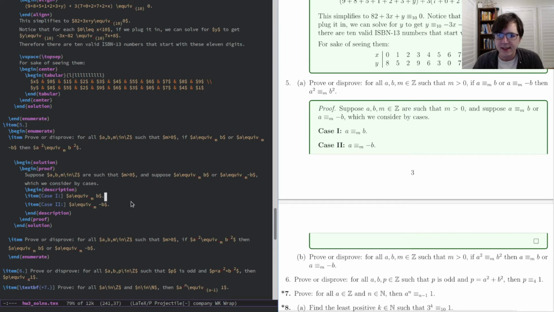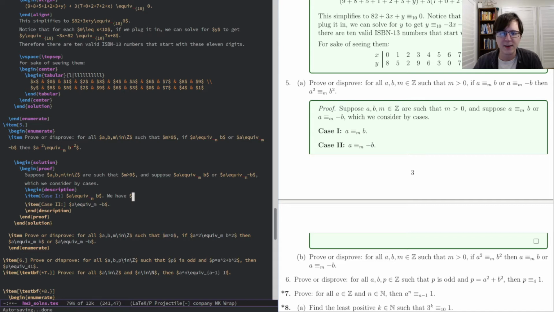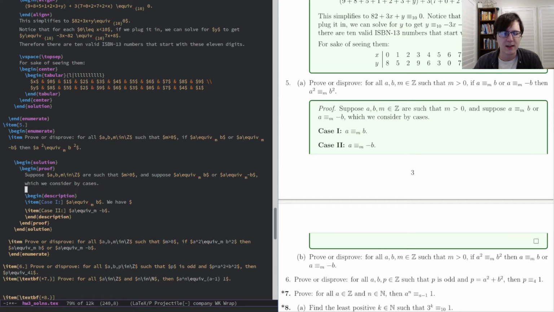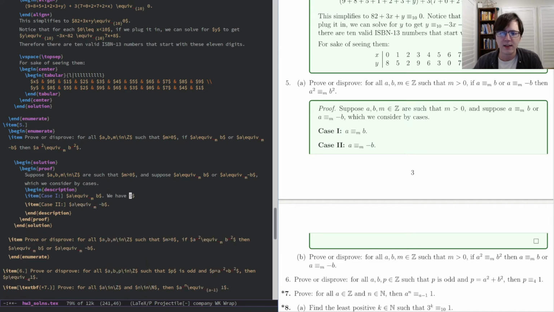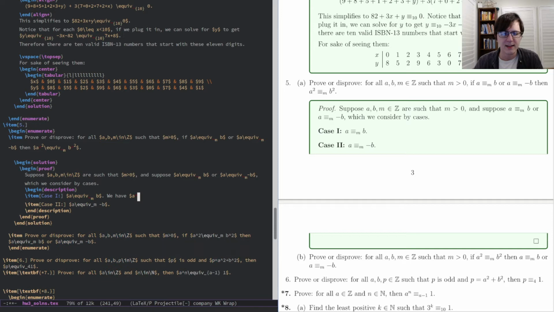So in the first case, we can just prove this equationally. The pause was me deciding where to put the goal, and I've decided I'm going to state the goal after the cases are done.